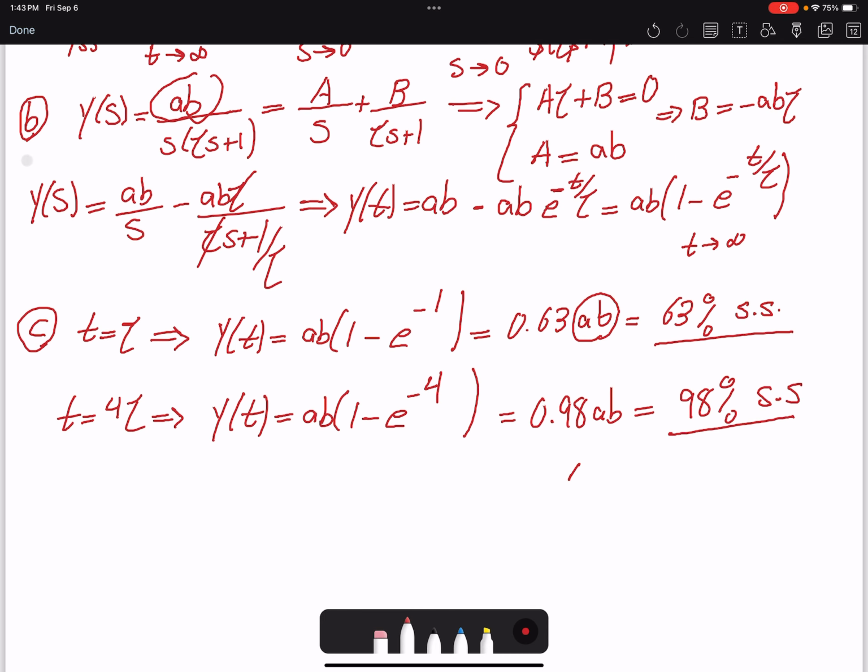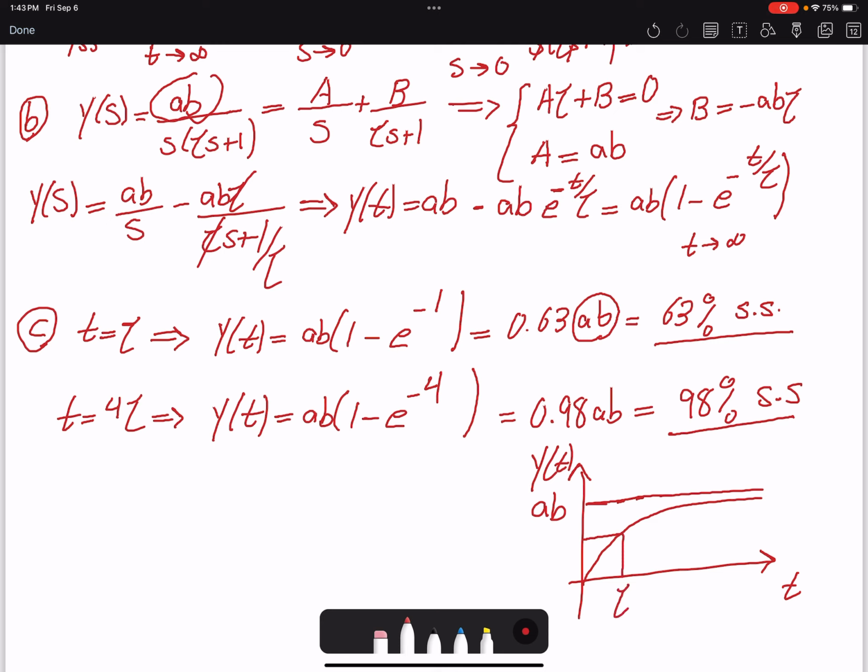If I want to plot it, let's say this is y(t), and this is time. The steady state would be ab, and my response is exponential. Let's say this is 63% of the response, so it will get there at 1 time constant, and we get up to 98% at 4 time constants.